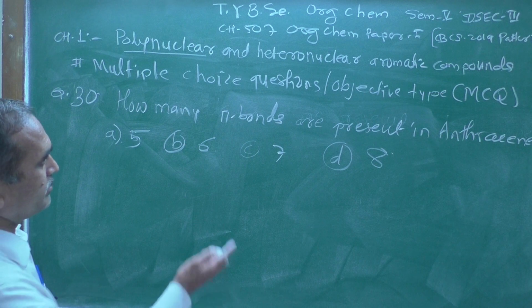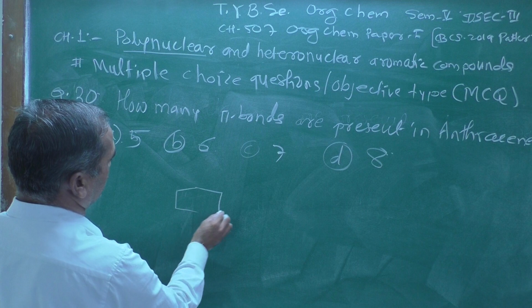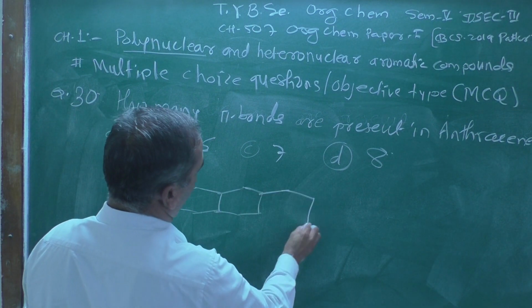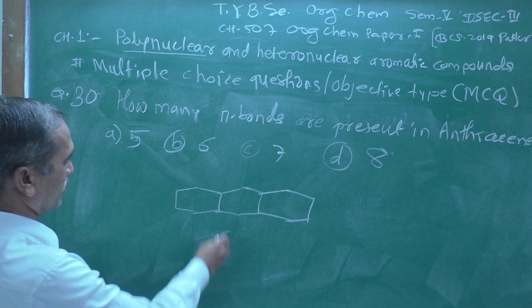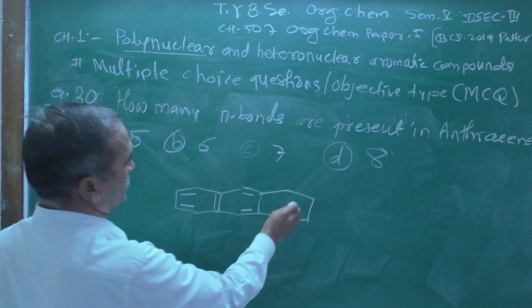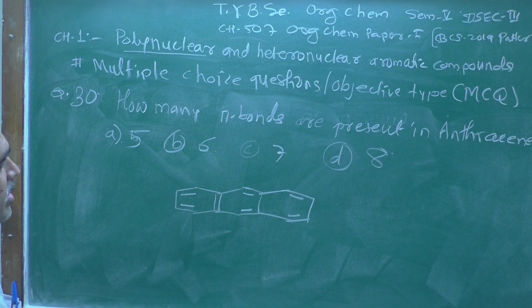Now once again draw the structure of anthracene. This is the structure, 3 benzene rings fused together, and the resulting compound obtained will be this one. And now how many pi bonds are present in anthracene?